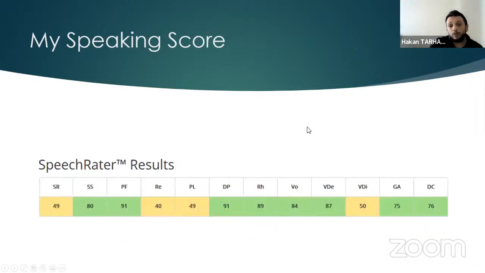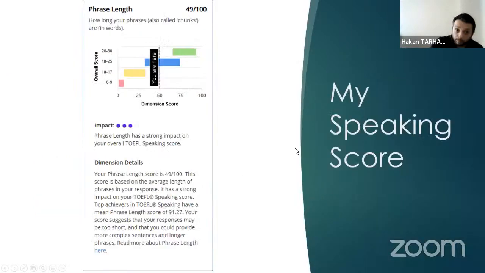So the platform will also give you specific scores on each indicator, but more importantly, it will give you detailed scores that show the candidate's rank in the entire population. For example, this candidate, based on phrase length, was around here in the 49th percentile in the entire group.